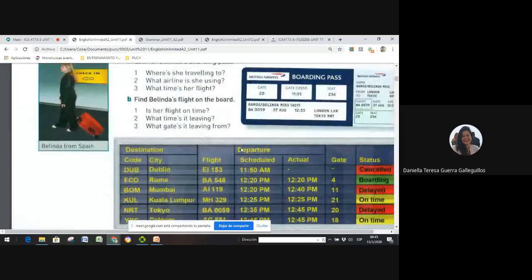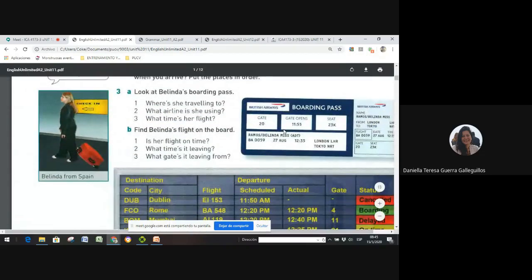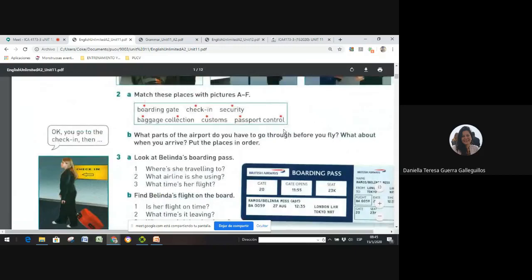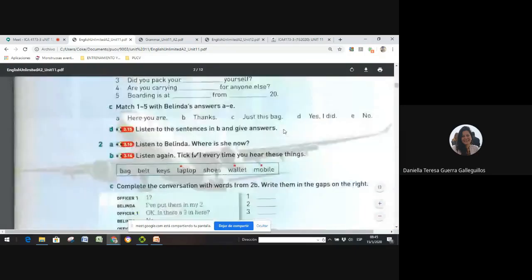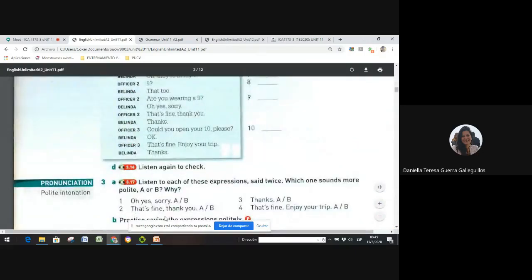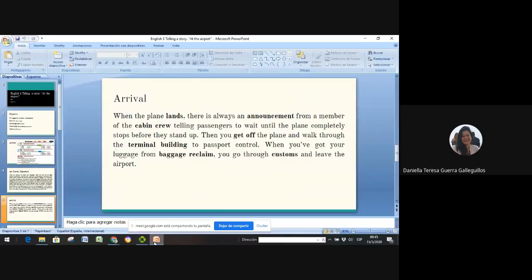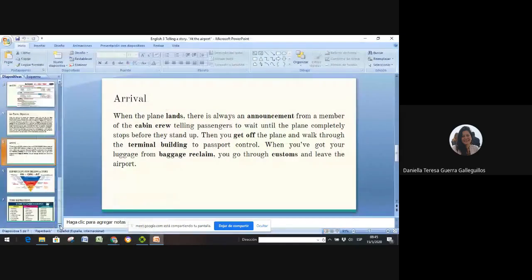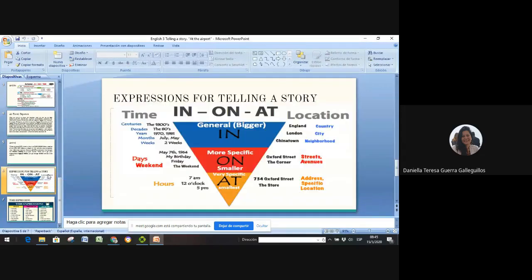And also, here we saw some examples of the boarding pass and some situations that actually happened at the airport. All right. So finally, we are going to go now into Unit 11.2, where we were talking about how to connect ideas at the airport, but now telling a story.